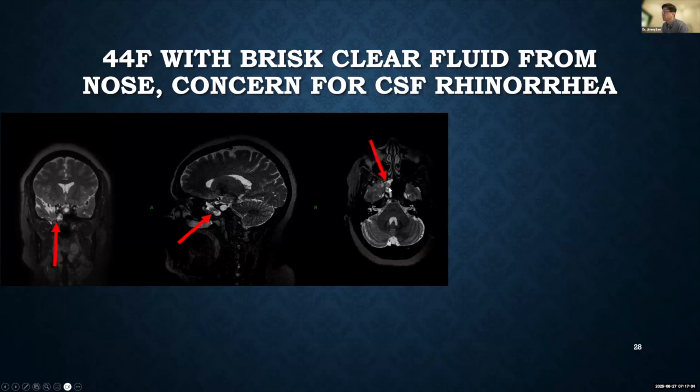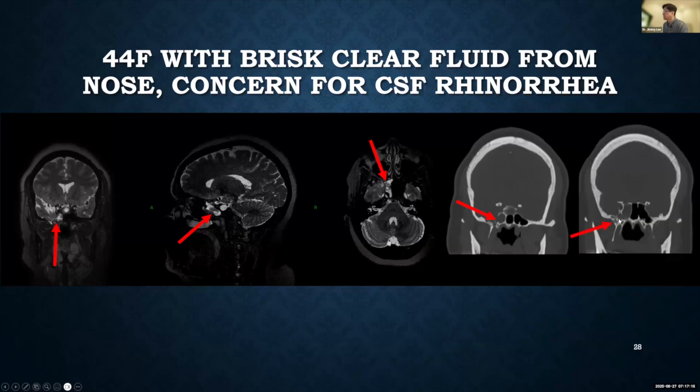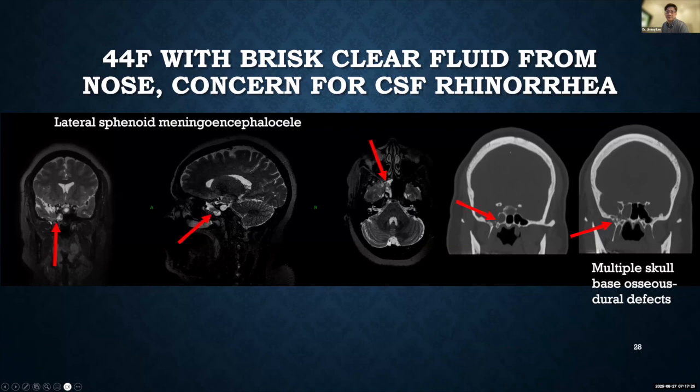So the right temporal lobe is herniating through this defect. So you got a CT, show that indeed the right lateral wall of the sphenoid sinus is dehiscent, and there's also multiple arachnoid pits. So basically they have a skull base defect, and it's basically a lateral sphenoid meningoencephalocele.